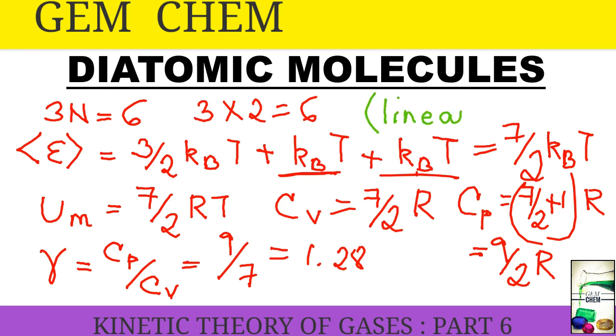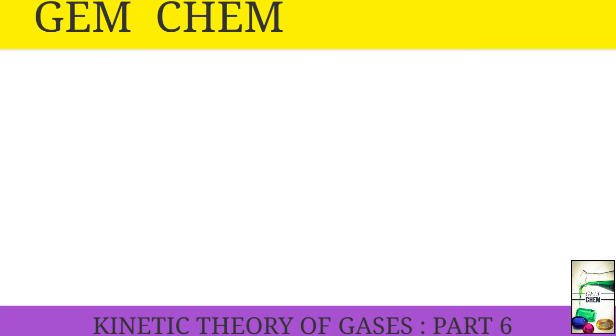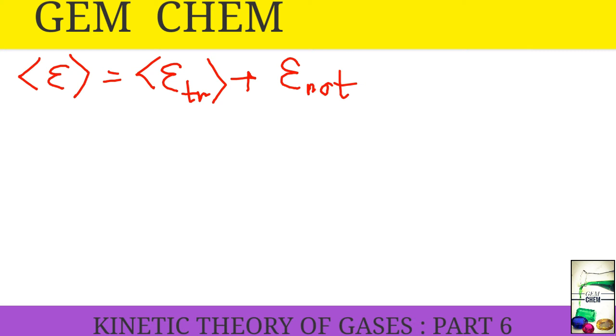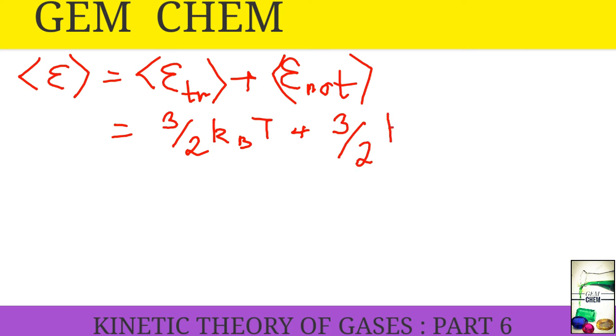Now this is the case when the molecule is linear. When the molecule is non-linear, what do we get? We obtain only the rotational and the translational energy. In that case, we do not have the 1 degree of freedom for vibrational, that is 3n minus 6. So here the energy becomes 3/2 kBT plus 3/2 kBT.